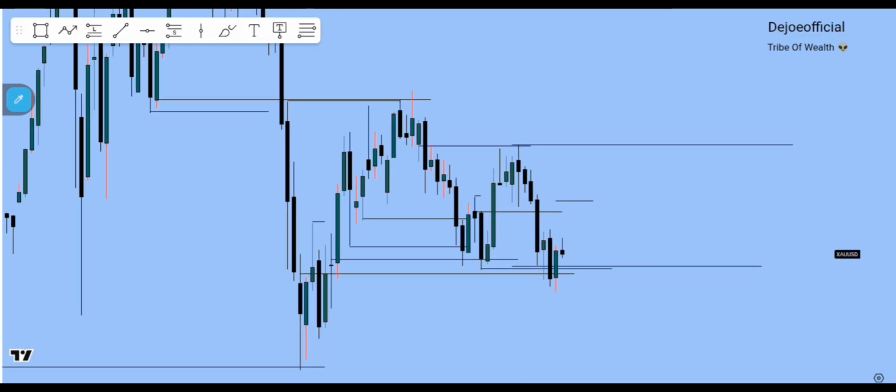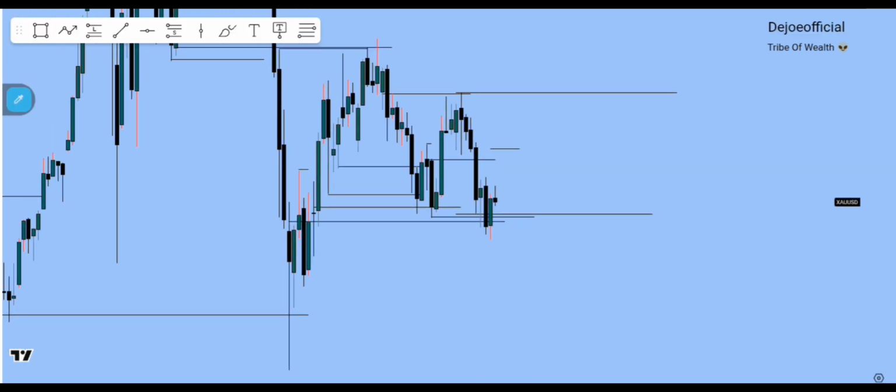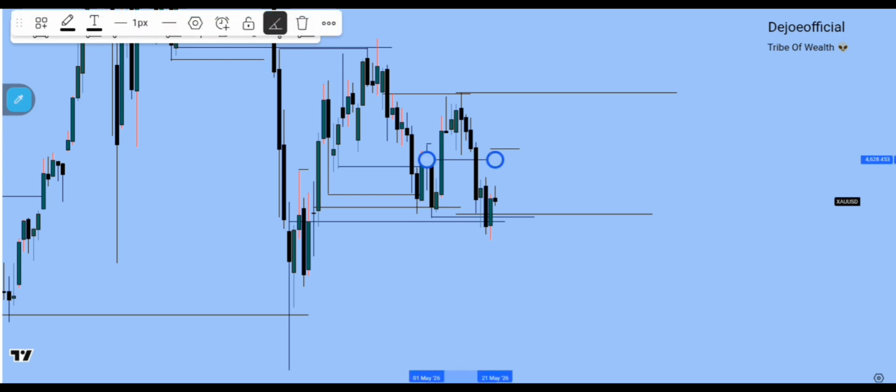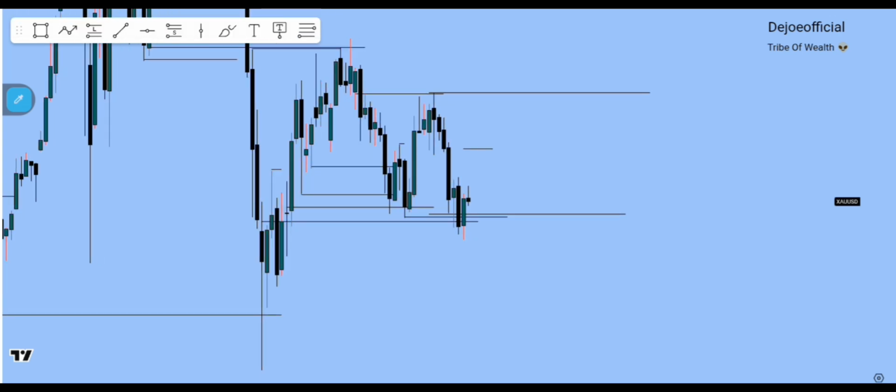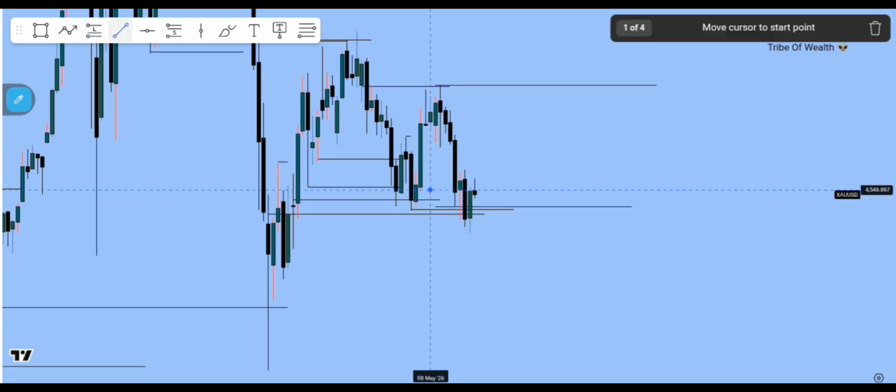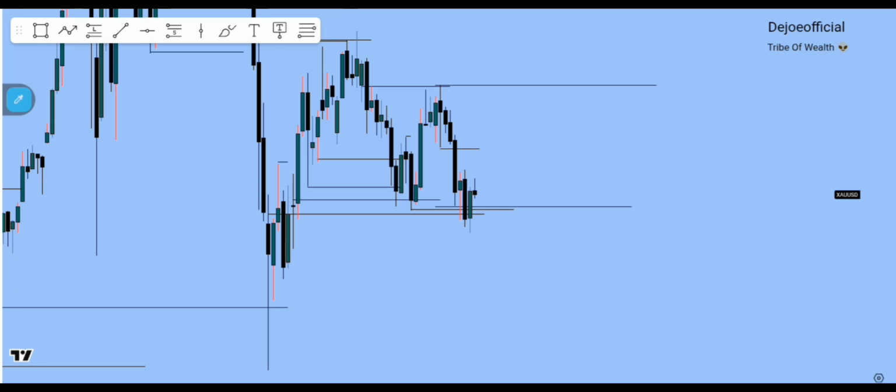After tapping into the order block here, it also gave me another confirmation, a break from here, and then here is my liquidity.